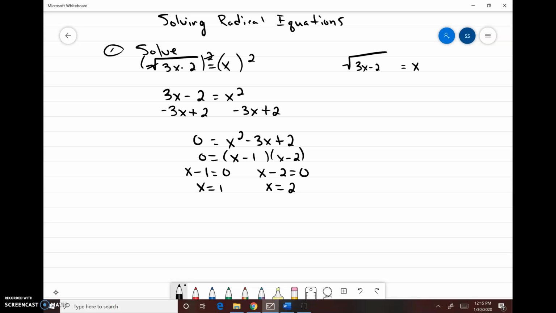So let's do the 1 first. So square root of 3 times 1 minus 2 equals 1. Well, 3 times 1 is 3, minus 2 is 1, so we get the square root of 1 equals 1. Square root of 1 is 1, and so it checks out. And so that tells me that x equals 1 is indeed a solution. All right, now we're going to check 2.